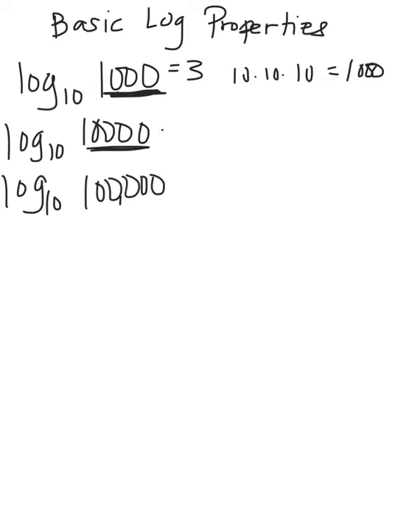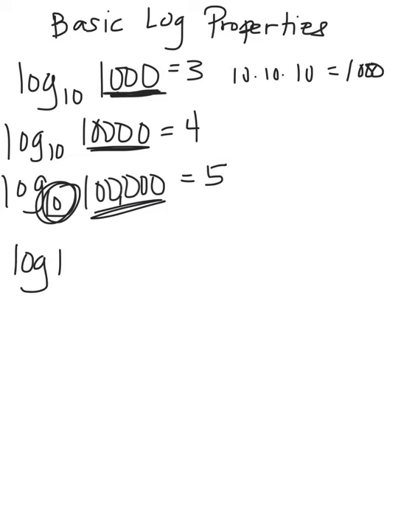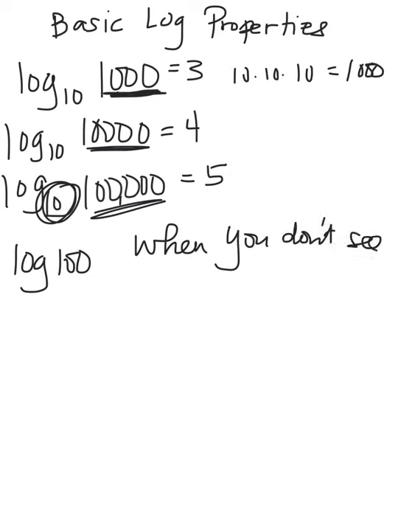So here, there are 4 zeros. Here, there are 5 zeros. So whenever the base is 10, log base 10 to 100,000, a million, whatever, you can just count the zeros. And when you do not see a base, the base is 10.